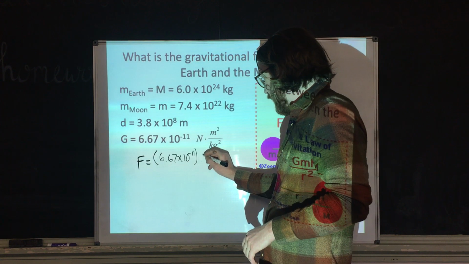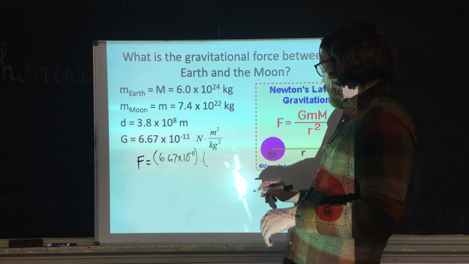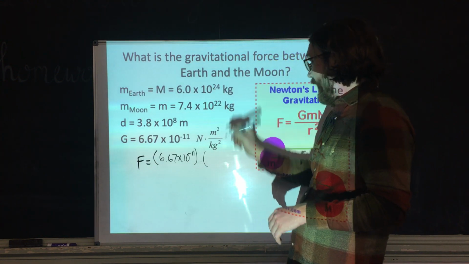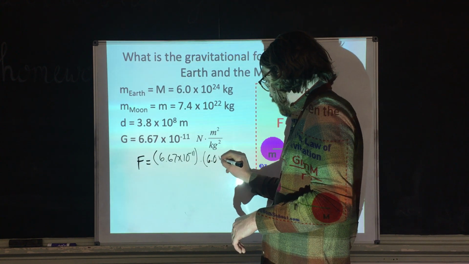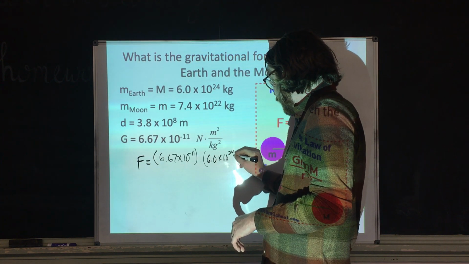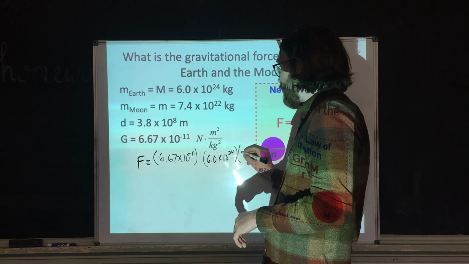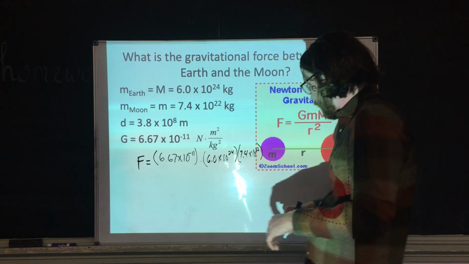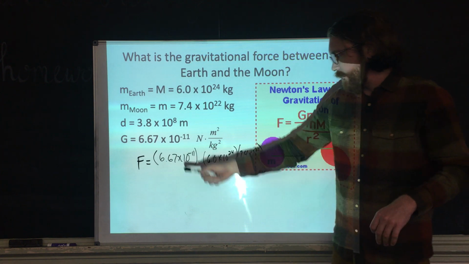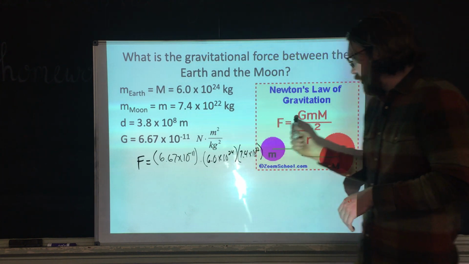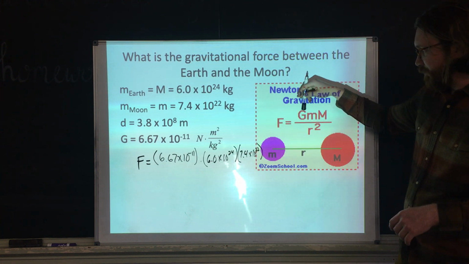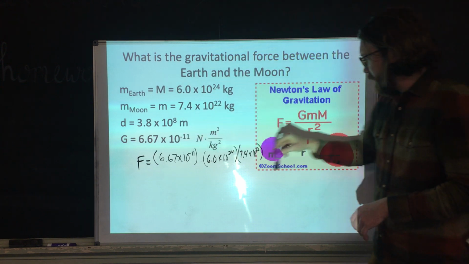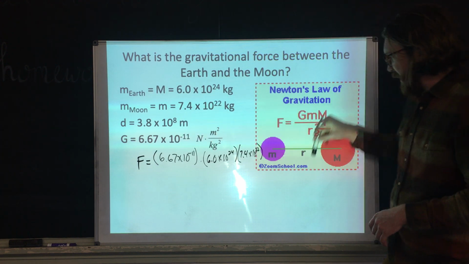We're going to multiply that by the mass of Earth, which is 6.0 times 10 to the 24th, times the mass of the Moon, 7.4 times 10 to the 22nd. I should have made that one smaller. All right, this all goes on the top of the fraction. Big G, mass number 1, mass number 2.